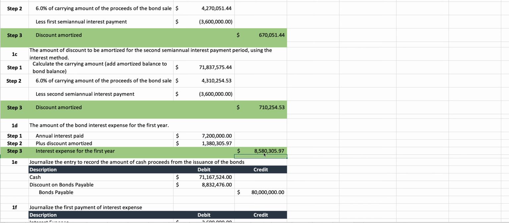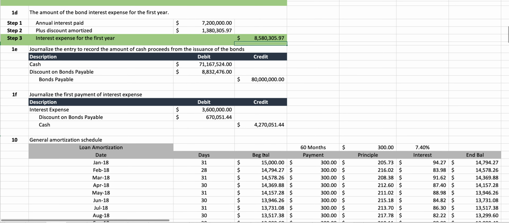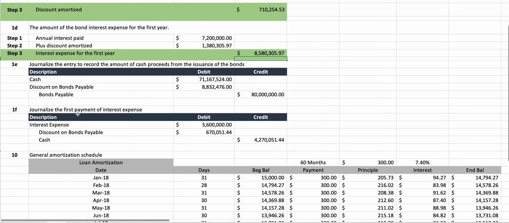So we did all of the calculations, but now we have to actually put it into our register. So we're going to journalize the entry. The first one is to journalize the entry to record the amount of cash proceeds from the issuance of the bond. We know that we're going to receive cash, right?